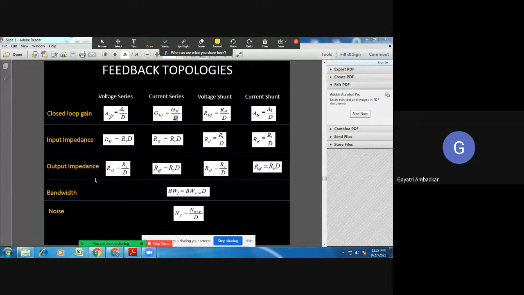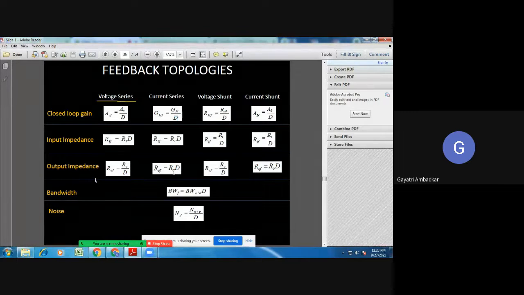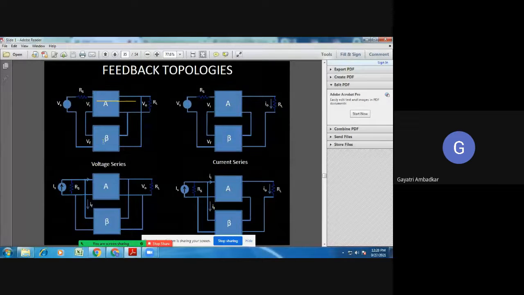Now see, when the feedback topology is voltage series, at both sides you find voltage. So input is a voltage and output is also voltage, because we have a shunt connection, which means we are sampling voltage.